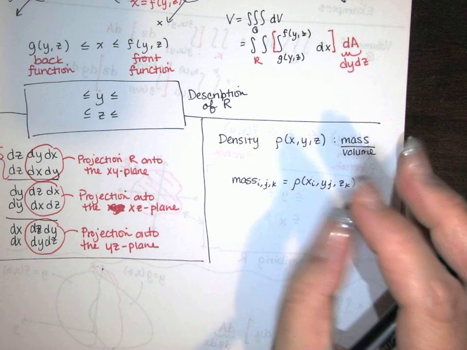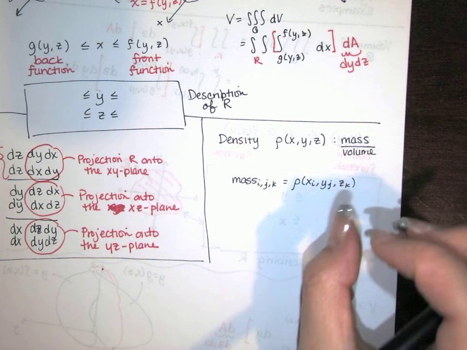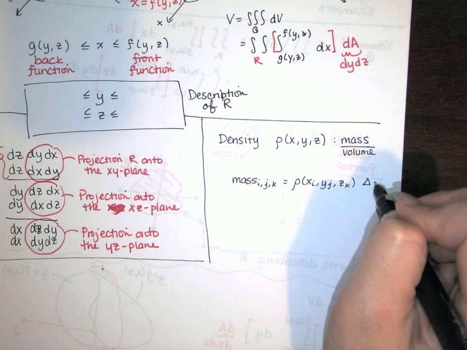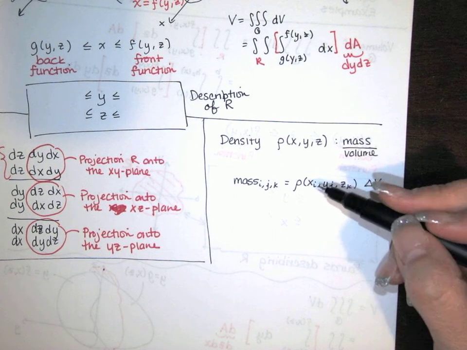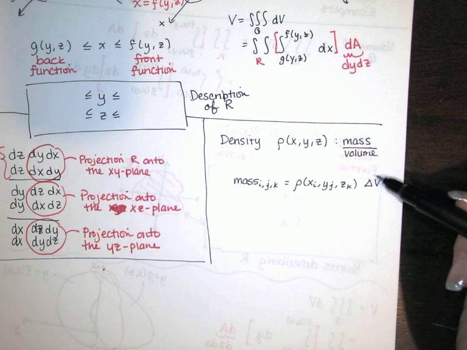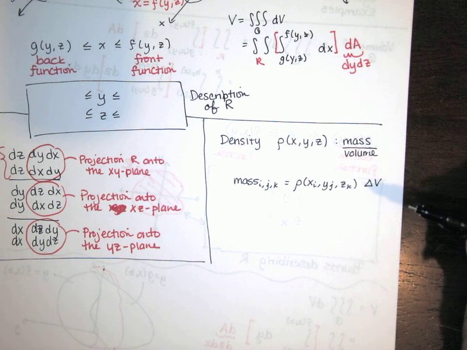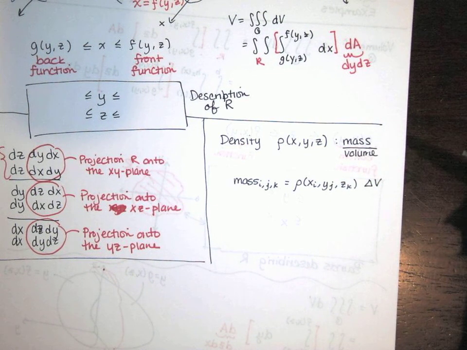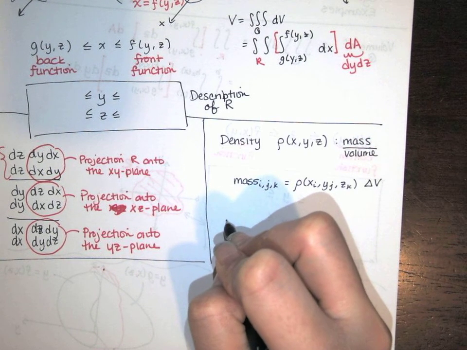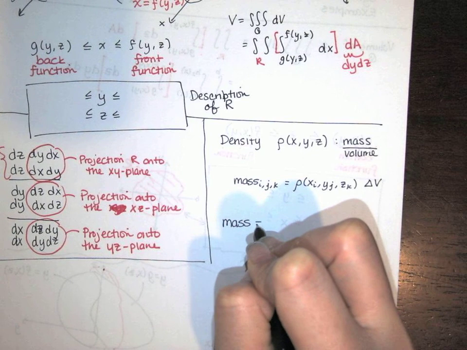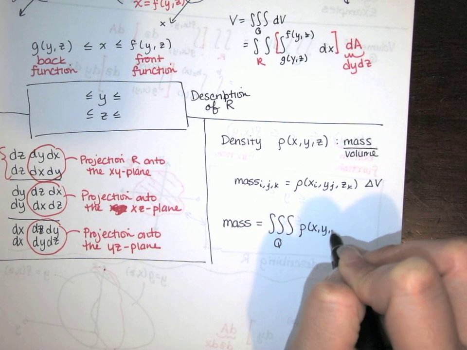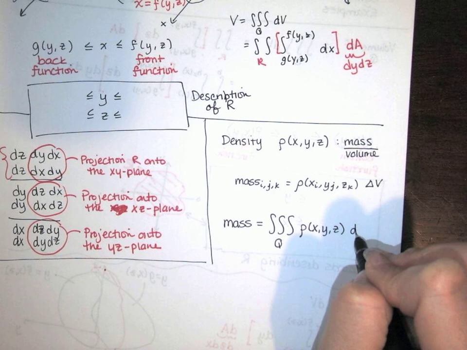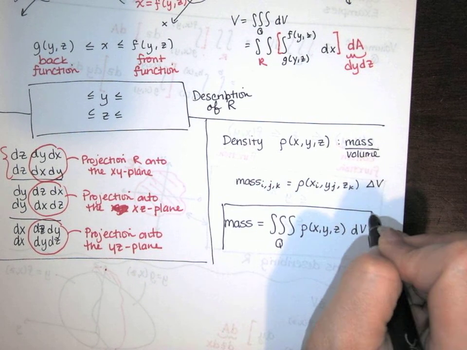So it's the density at a particular point chosen within that cube times delta V, where delta V is delta x times delta y times delta z. Because I'm taking mass per unit volume and I'm multiplying by volume, and then I'm getting a little tiny mass. And then I want to add all of those together in the x direction, the y direction, and the z direction. And that gives us a triple integral over Q of some function of x, y, and z, and that represents mass.